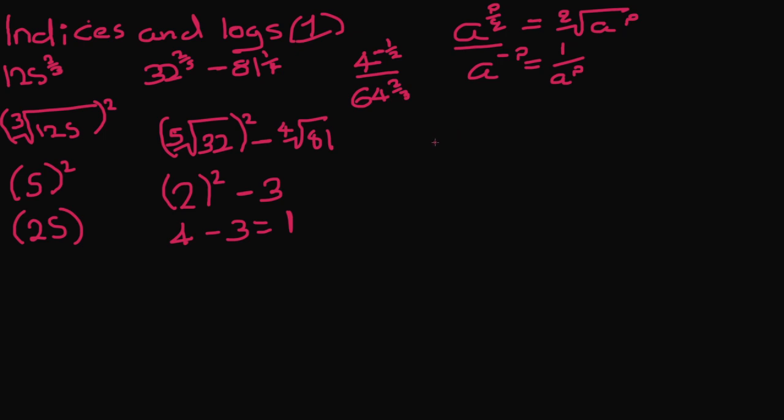So this would be 4, you can do the 2 here, move it over, that would be a square root, then minus 1, and then we can multiply it by the cubed root of 64, minus 2 over 3. So we're going to actually go back there. We didn't need to use that. We skipped ahead a bit there. You don't need to do that. We just rub those out.